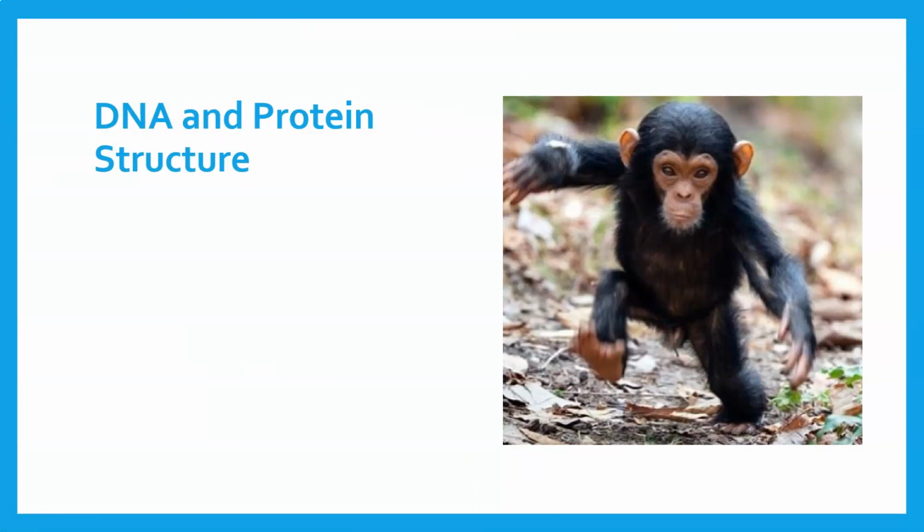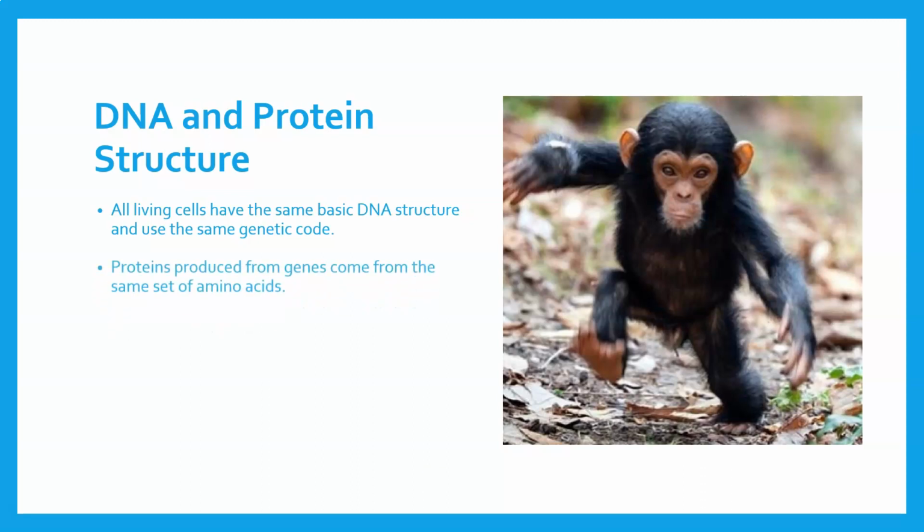Another piece of evidence of evolution is DNA and protein structure. All living cells have the same basic DNA structure and use the same genetic code. Proteins produced from genes come from the same set of amino acids.